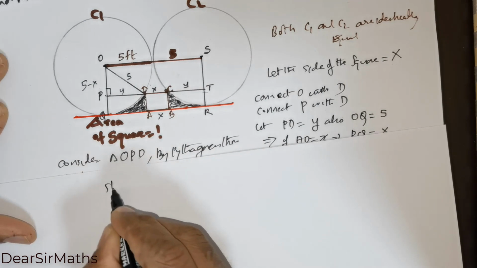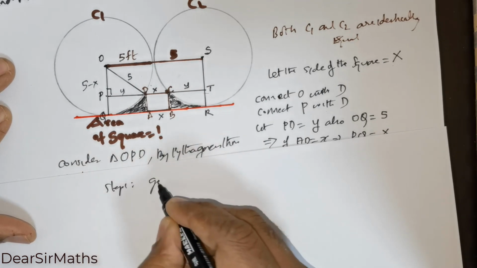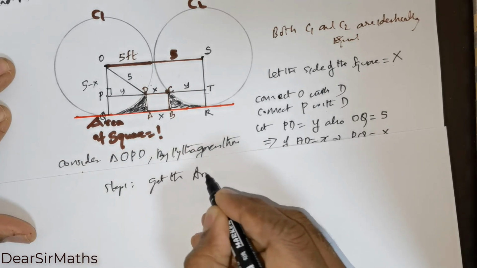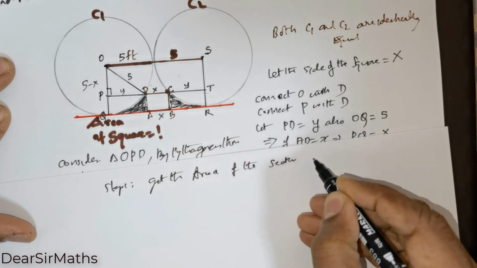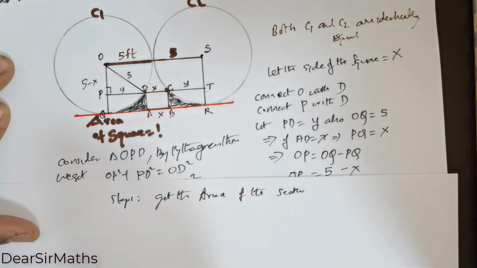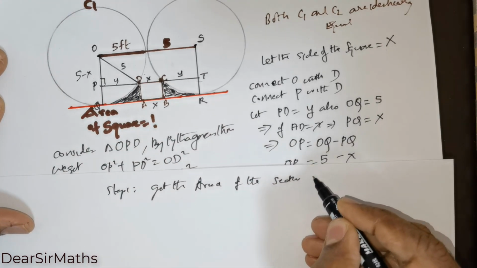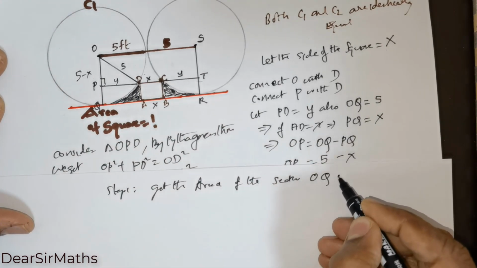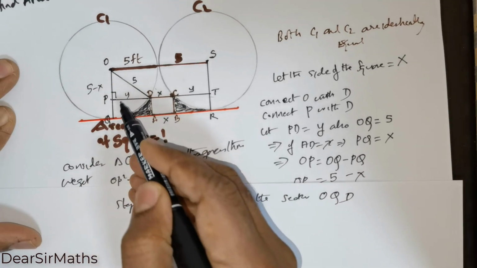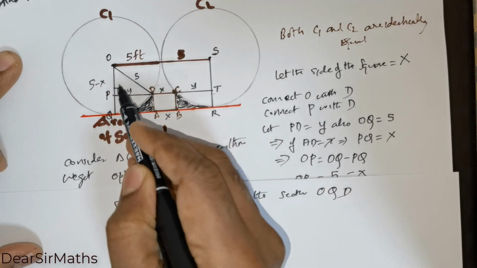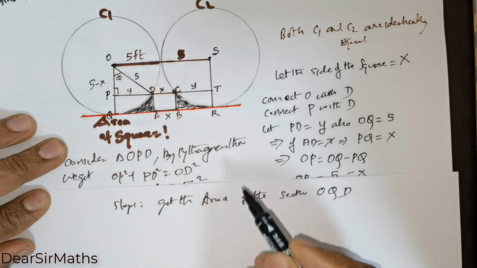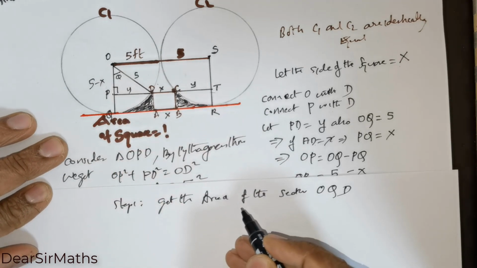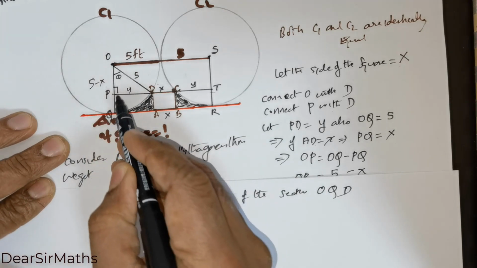Step number 1, get the area of the sector. So what sector are we talking about? We are talking about sector OQD, so this entire thing. For that, I need to know this theta. This is actually 90 degrees.